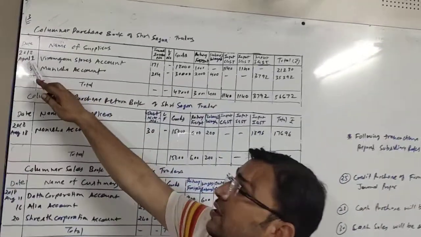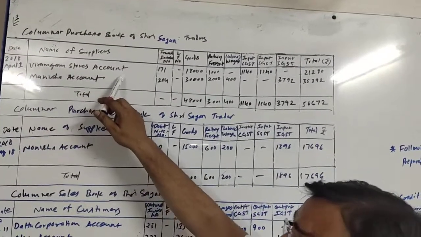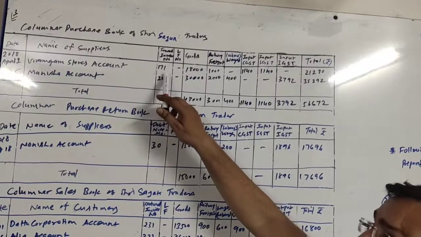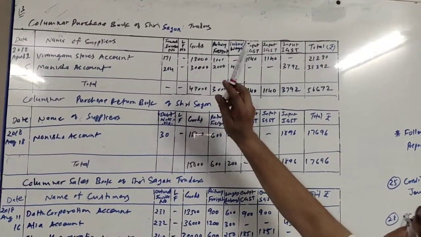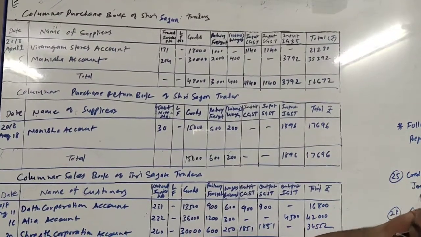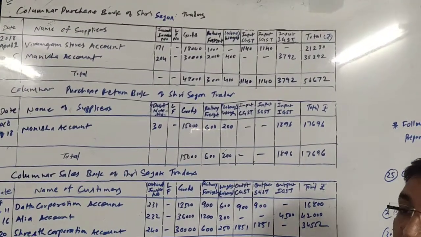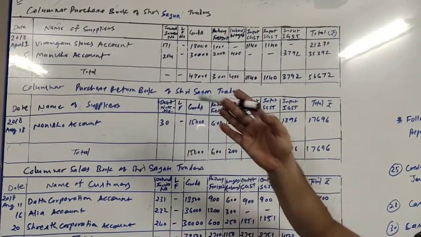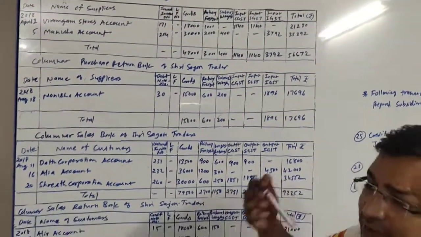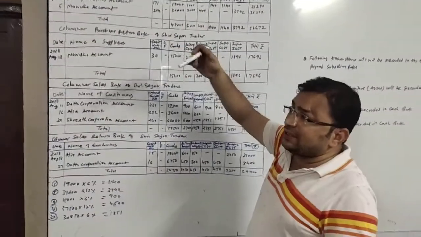Here it is: August 1, Viramgam Stores account, 171 is the inward invoice number, 18,000 as we just calculated, and 1,000 railway freight. Now friends, we have to decide whether IGST or CGST and SGST will be applicable. Here nothing is mentioned in brackets about the state.